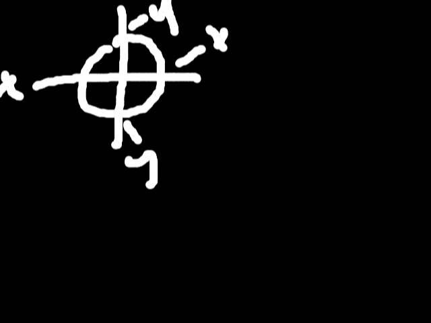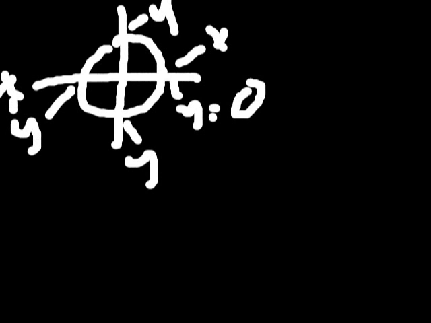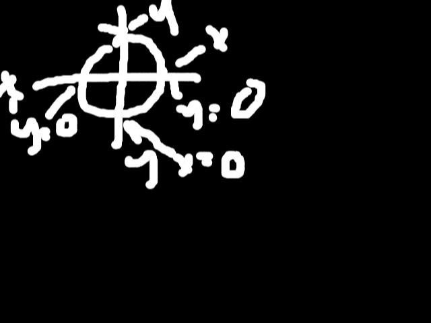What do you notice about all these four points? At this location, y equals 0. And also at this location, y equals 0. But what about here? At this point, x is 0, and at this point as well, x equals 0.